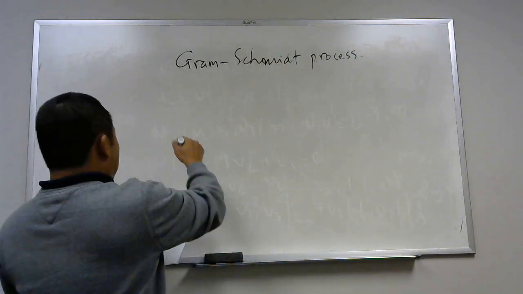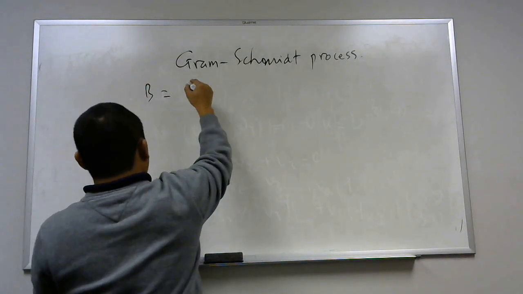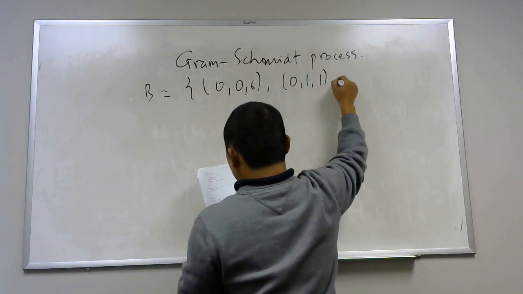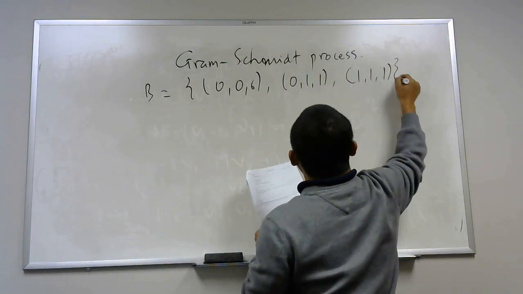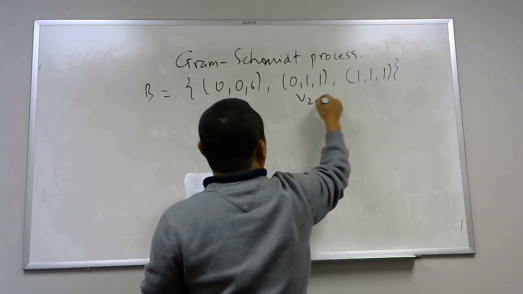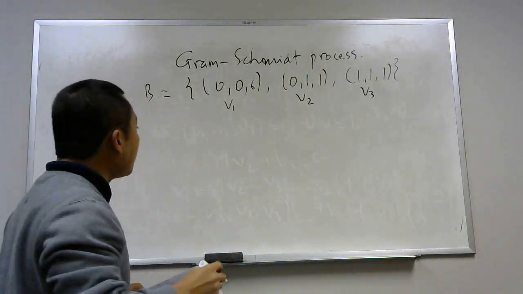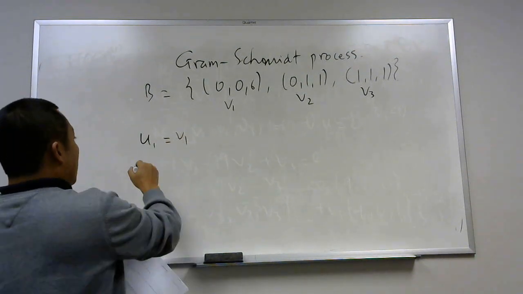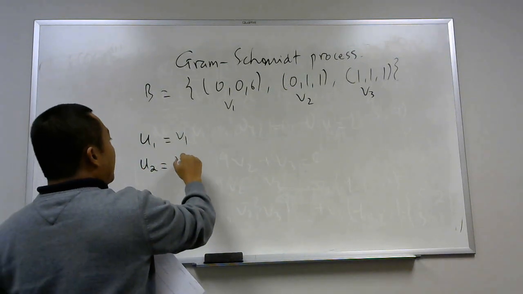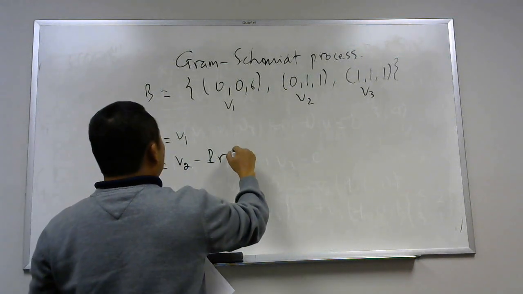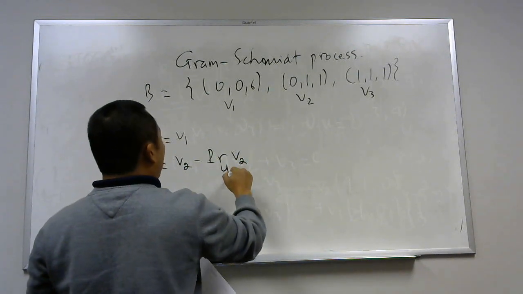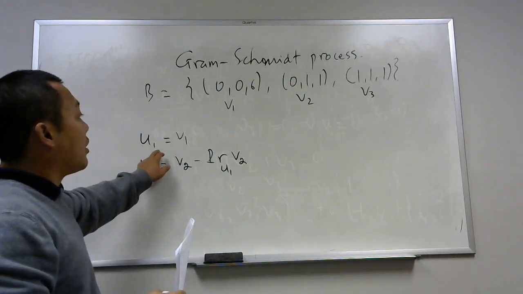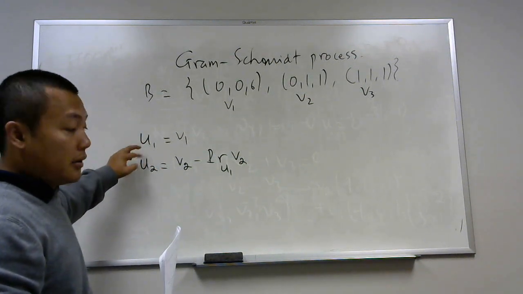Let's say in B we have (0, 0, 6), then (0, 1, 1), and then (1, 1, 1). We call these v1, v2, v3. So we put u1 equal to v1. We fix the first vector. Then u2 is v2 minus the projection of v2 on u1. Basically we subtract the part of v2 along u1, so these two vectors are orthogonal.